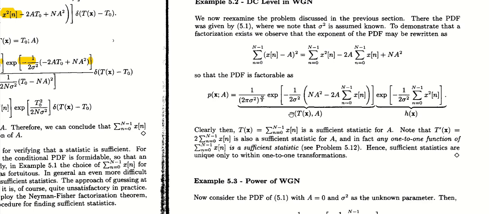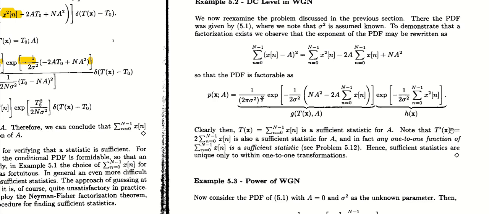So this is what we call G of T of x, A. And then the rest is put into h of x. So we will be able to factor this p of x; A into G of T of x, A and h of x. So clearly then T of x is a sufficient statistic for A.